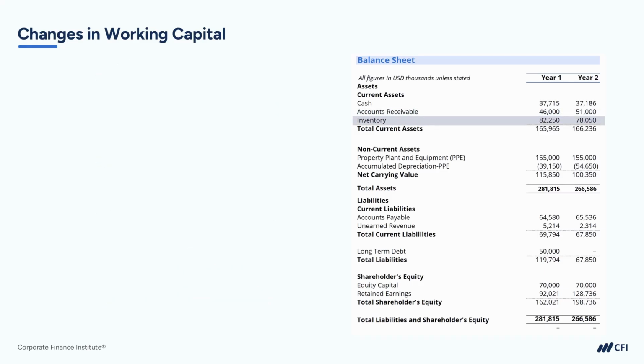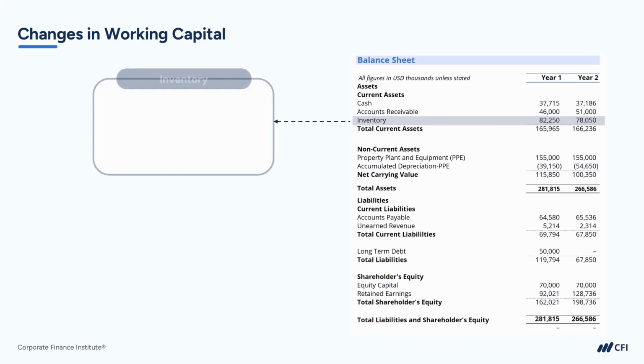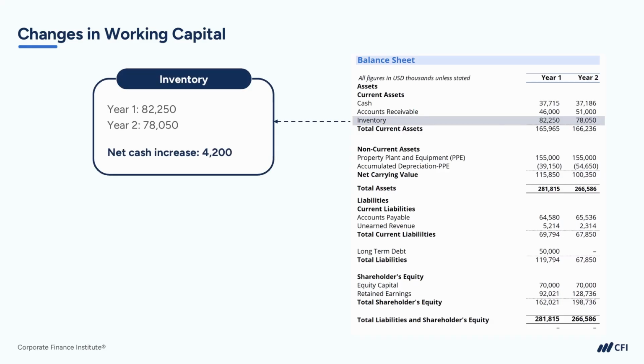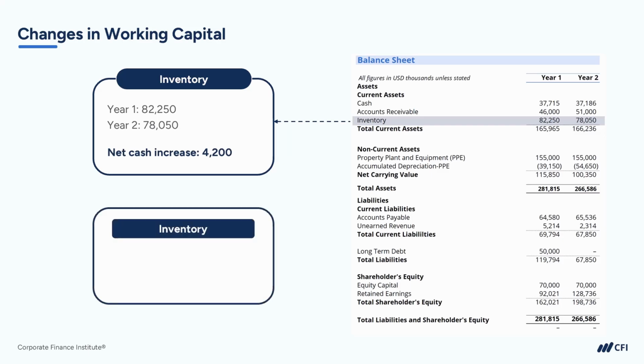For inventory, we're really looking at how much we have sold. When we sell inventory, we obviously bring in cash. Now, if our inventory goes up, we consider a business to have received less cash because inventory is piling up. In this case, inventory decreased from $82,250 to $78,050, which indicates a net increase in cash of $4,200.